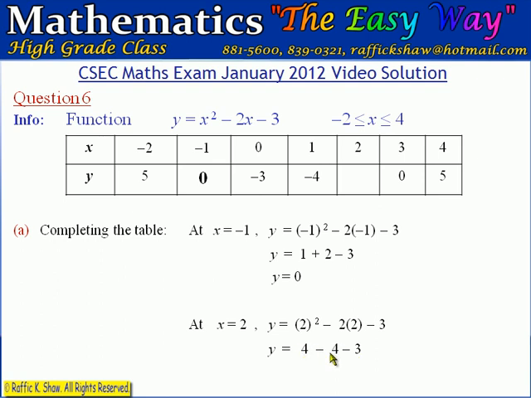So 4 minus 4 is 0, and then 0 minus 3 is -3. So at this cell, y should be -3. So we can place that. So that's our table completed, and that's the answer for part A. Alright, now let's look at part B.